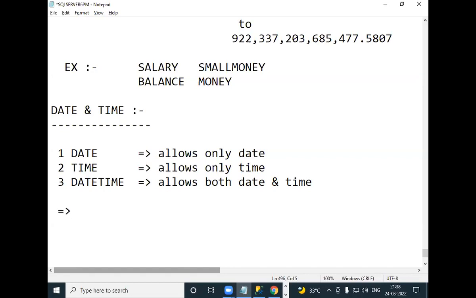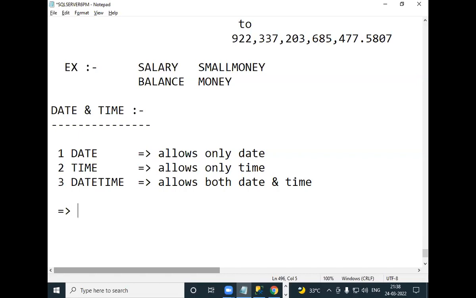Now, when dates are there, one must know the date format, in which format we have to enter the dates, because different software uses different date formats. Excel uses one format, Oracle uses one format, SQL Server uses one format, MySQL uses one format.